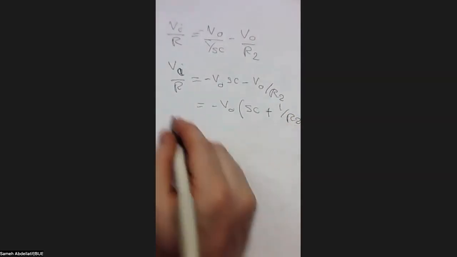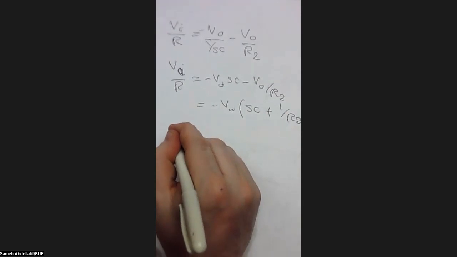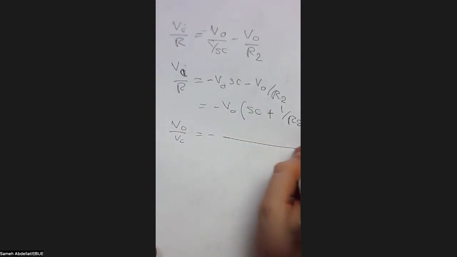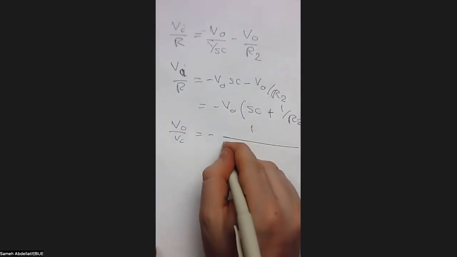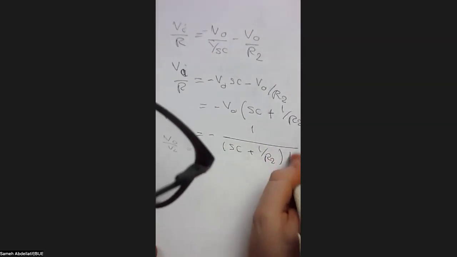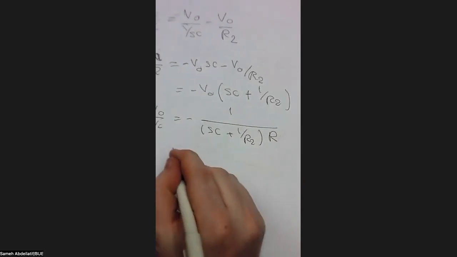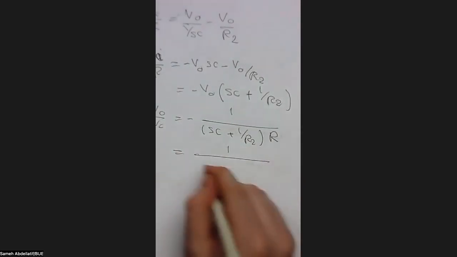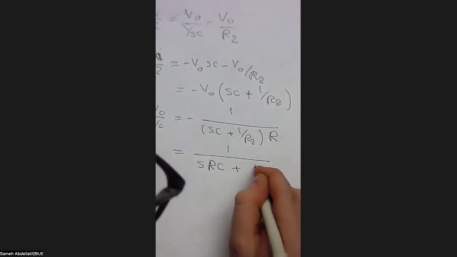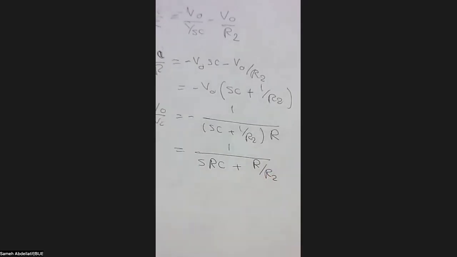So you can pick this here. So you get V output over V input equals negative 1 over SC plus 1 over R2 times R. Or in other words, you can say 1 over SRC plus R over R2.